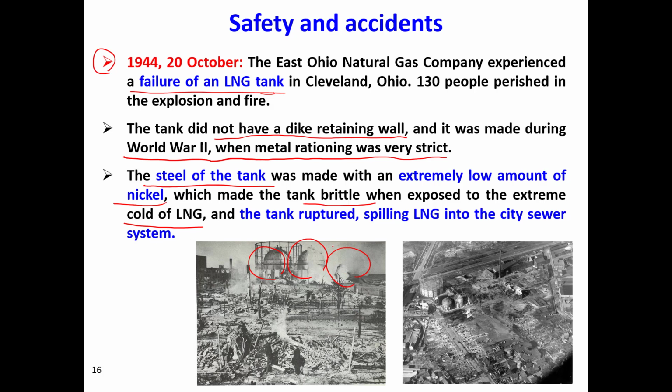So in that case, the tank ruptured, spilled LNG into the city sewer system, and the vapor was formed on the ground. And then there was a source of ignition, and it exploded, and it killed about 130 people or even more. That was the major accident that we have in the history of the LNG process.